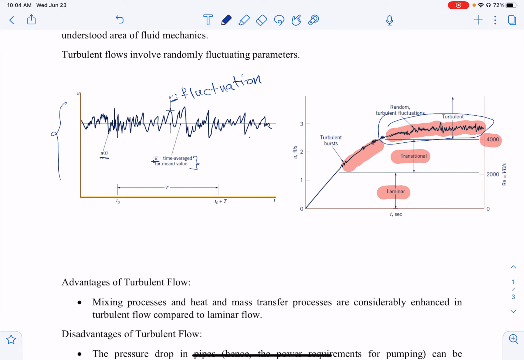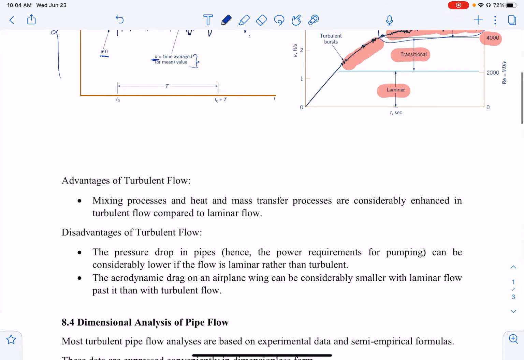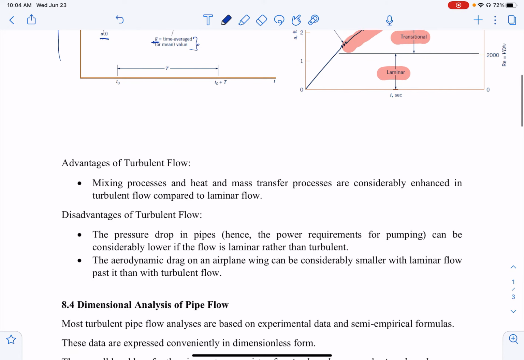But there are some advantages and disadvantages of turbulent flow. The advantages of turbulent flow are the mixing process and the heat and mass transfer process. They are going to be enhanced when we have turbulent flow compared to laminar flow.